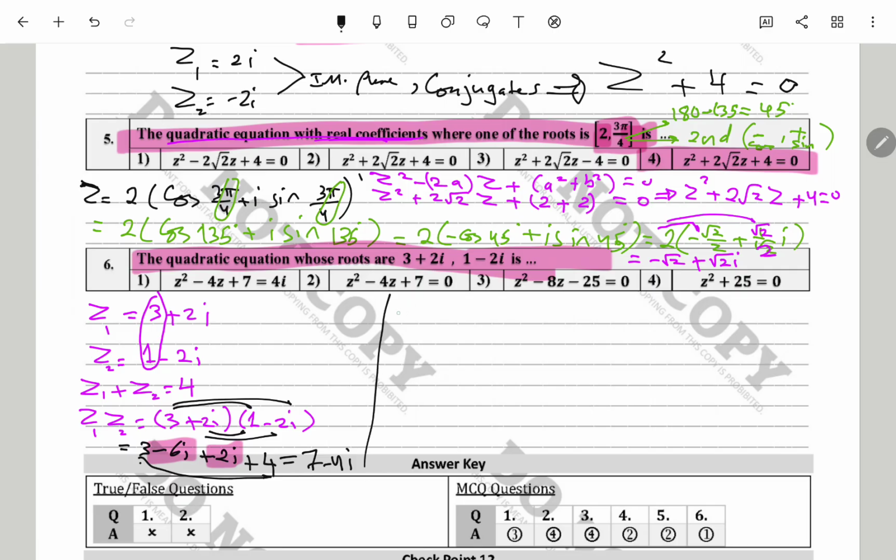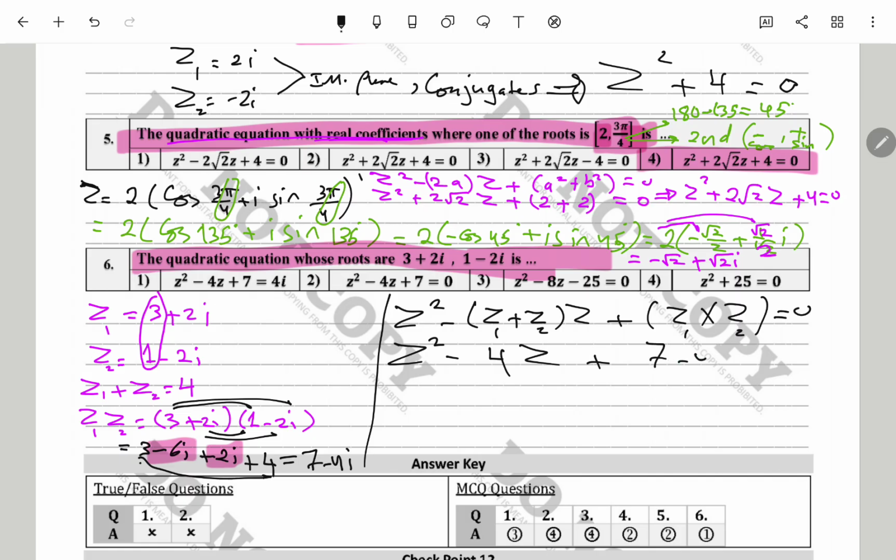Let's use this general rule, which is z squared minus, always, z1 plus z2 in brackets multiplied by z, plus z1 times z2 equals 0. Z squared here, minus their sum, which is 4z, plus their product, 7 minus 4i, equals 0. You can focus on all the alternatives.